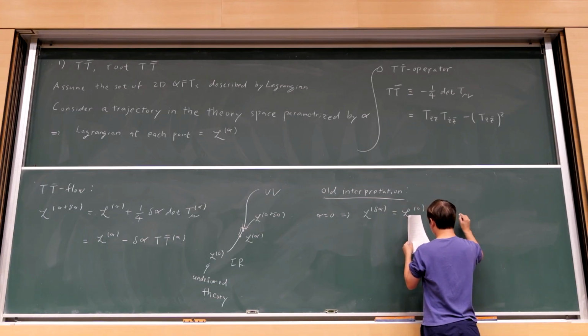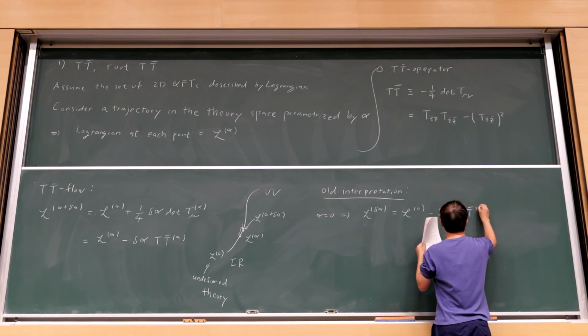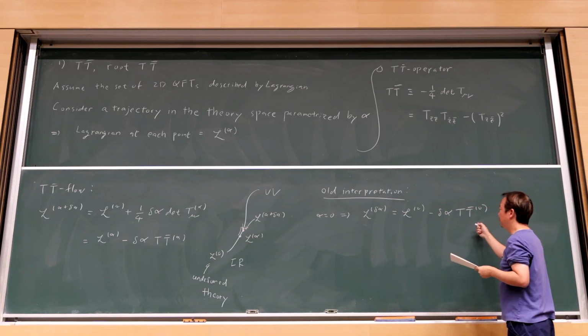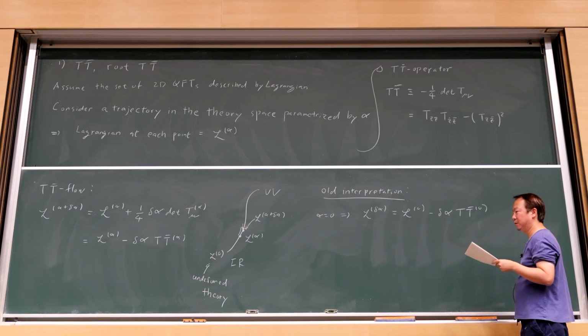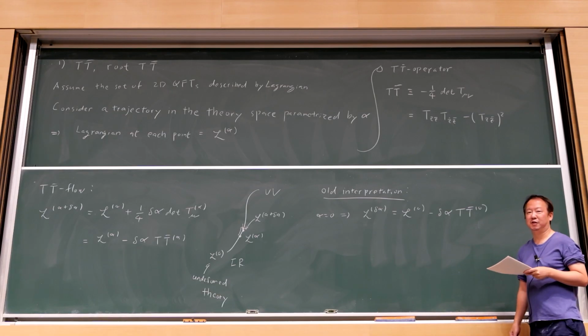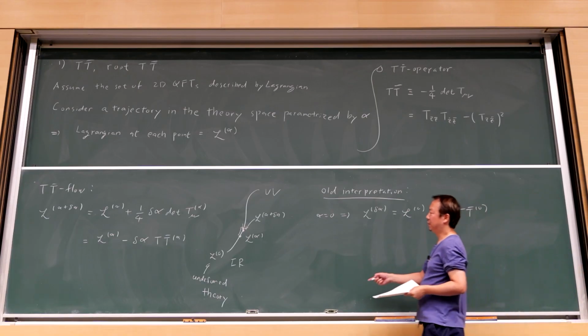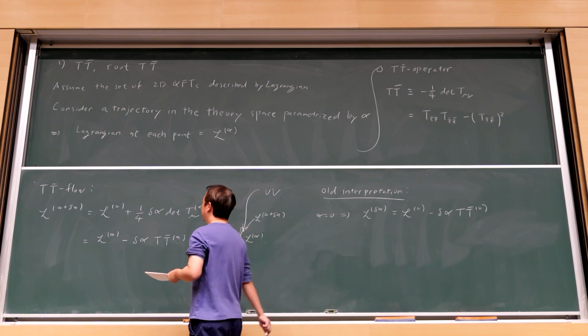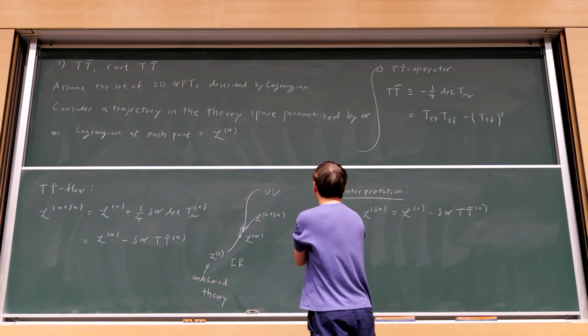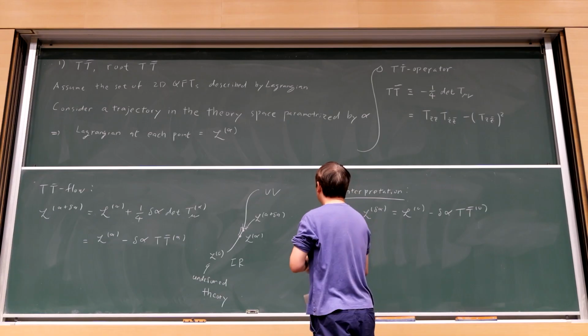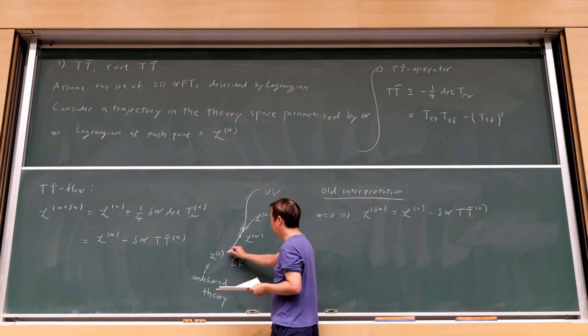Then del alpha L alpha equals TT bar 0. So this TT bar operator is composed of the energy momentum tensors for the undeformed theory. So in the original old interpretation of TT bar flow, the deformation started from here.